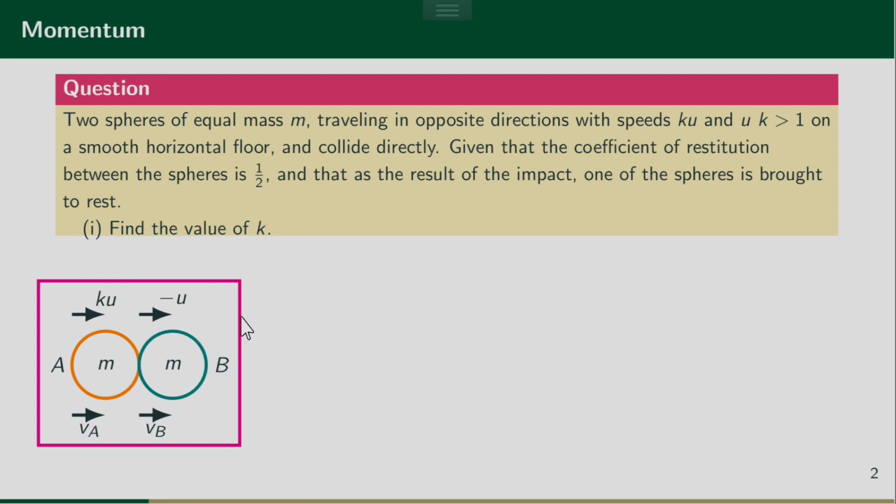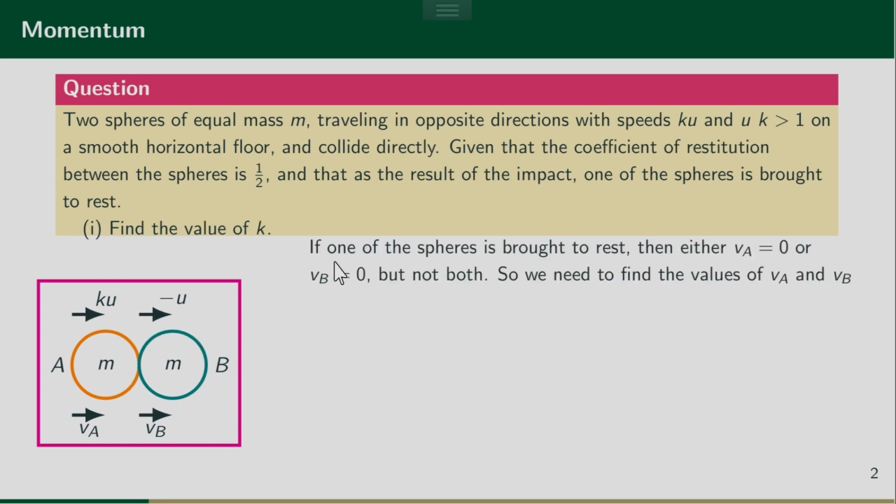Now, we have been told to find the value of k, but there's one important piece of information in the question. We have been told that after impact, one of the spheres is brought to rest. We don't know which. And also in the question, we have been told that k is a value greater than 1.